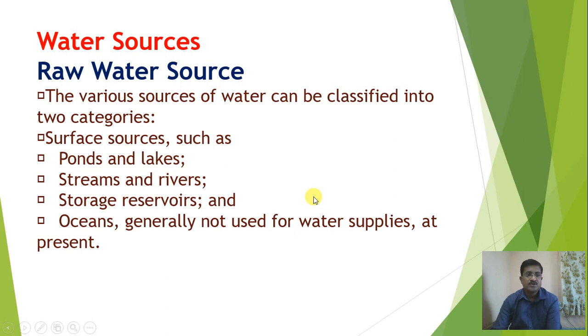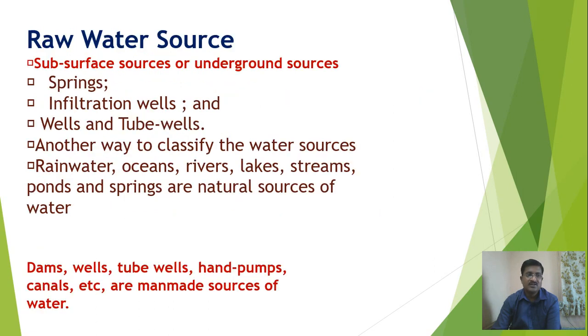What are the water sources? If you see the raw water sources, they can be classified into two categories: surface water sources such as ponds, lakes, streams, rivers, storage reservoirs, and oceans, though oceans are generally not used for water supplies at present.